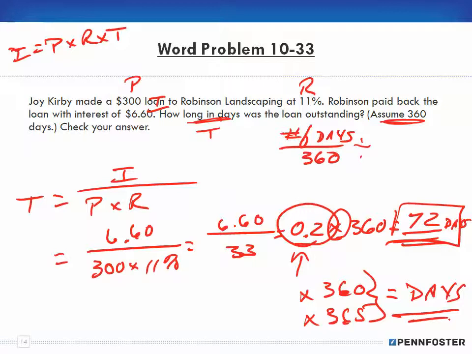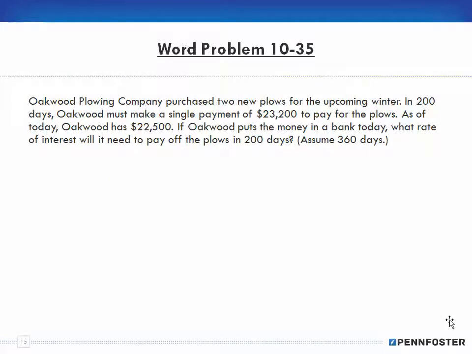Okay. All right. Last problem here. Oakwood Plowing Company. All right, good. I was afraid it was a U.S. Rule 1. So Oakwood Plowing Company purchased 2 new plows for the upcoming winter.